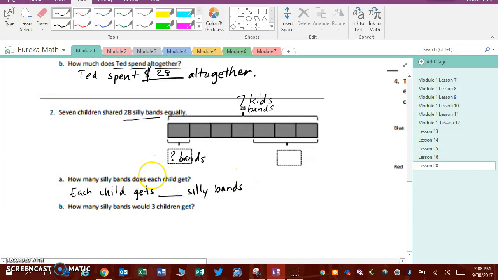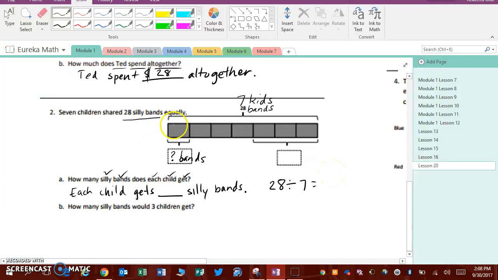Okay, I used each child gets blank silly bands in my answer sentence. Oop, I forgot my period. So we have to figure it out. But when we have a problem that gives us the total, that's a division problem. So 28 divided by 7 equals what?